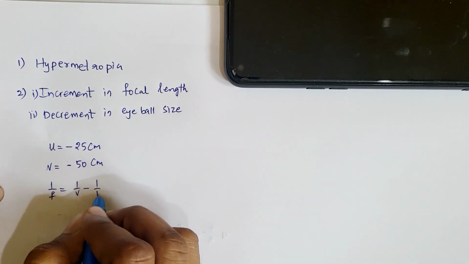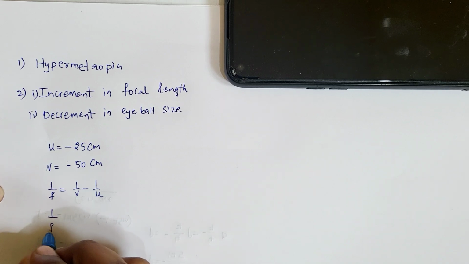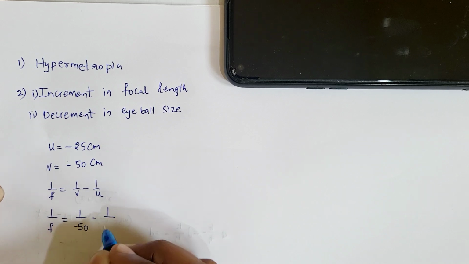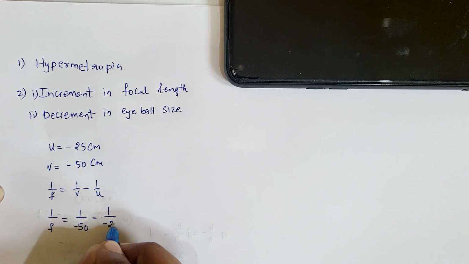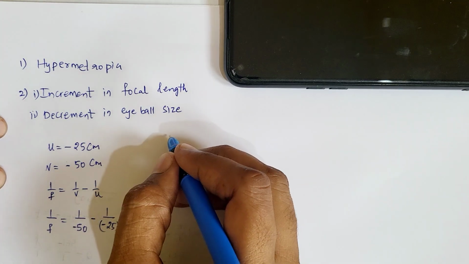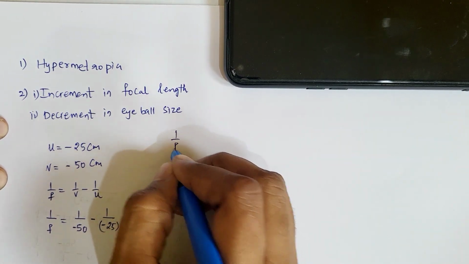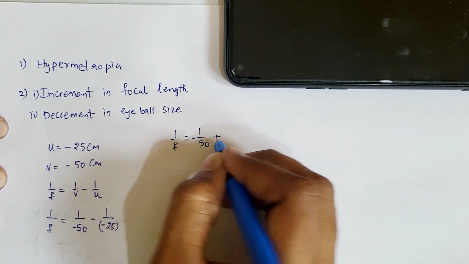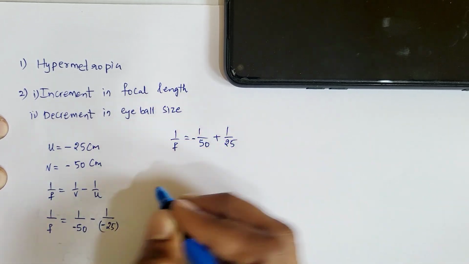1 by F is equal to 1 by V minus 1 by U. So 1 by F is equal to 1 by V, V is minus 50, minus 1 by U, U is minus 25. So it is going to be 1 by F is equal to minus 1 by 50 plus 1 by 25.